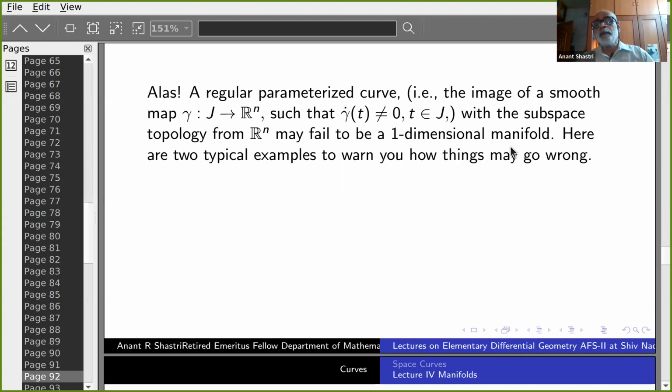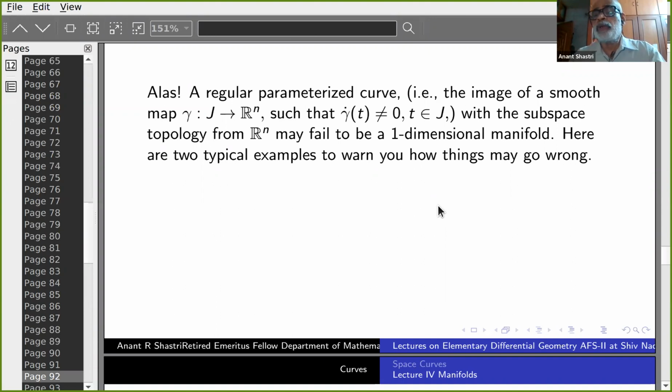What is the extra thing? We want, for each neighborhood of this point t here, the image of the neighborhood to be homeomorphic, from the subspace topology of R, onto the image. The entire image has a subspace topology, right? Whatever image you want to take, you want to call it a curve, you are taking the subspace topology.